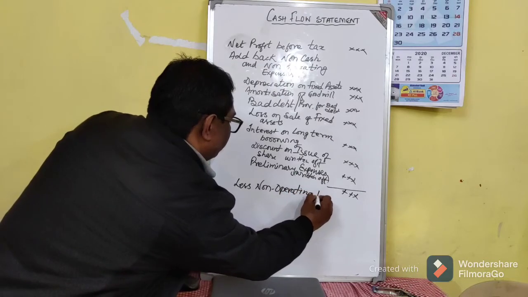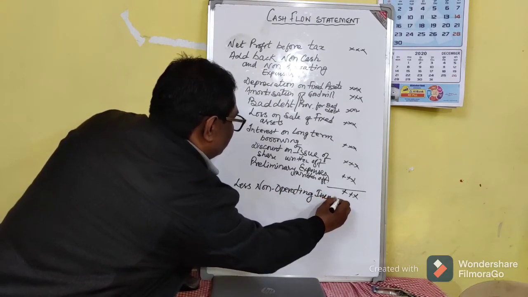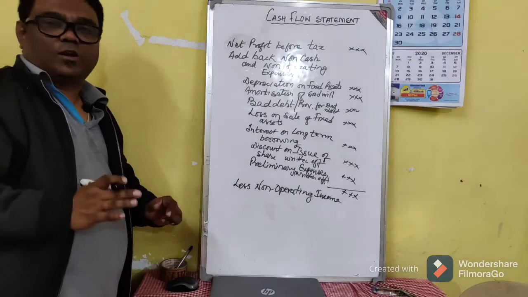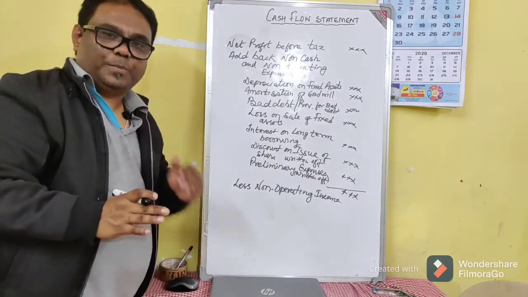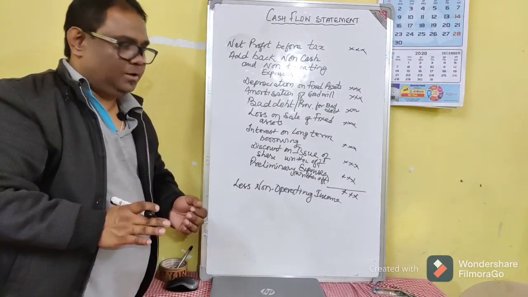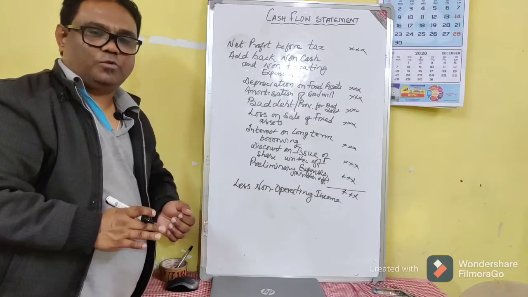And less non-operating income. Those incomes which are not the principal income of the business, but are credited to the profit and loss account.